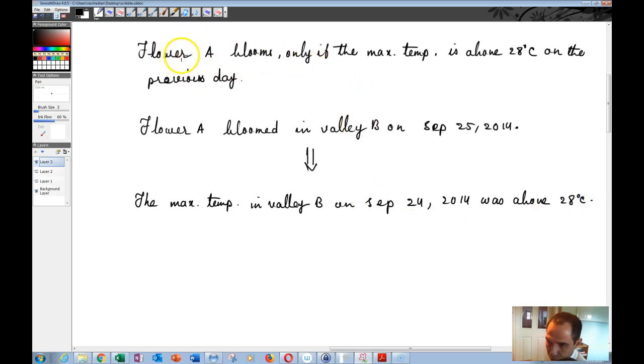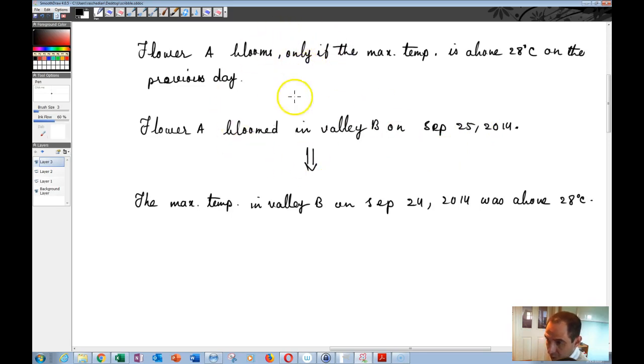So here we say that flower A blooms only if the maximum temperature on the previous day is above 28 degrees Celsius. And then flower A bloomed in Valley B on September 25th, 2014.